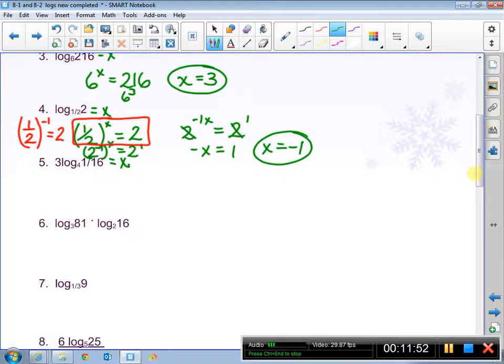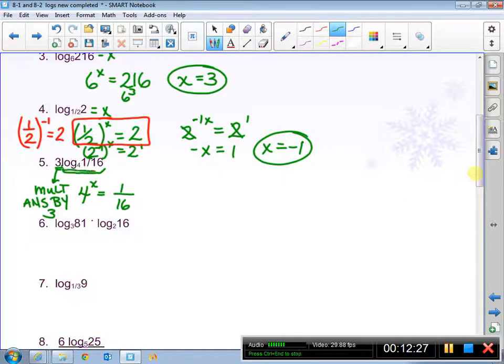Number 5. Number 5 has a 3 multiplying out front. So I'm actually going to take and figure out the logarithm value first. Log base 4, so 4 to what exponent equals 1/16? And then I'm going to multiply that answer by 3. I'm going to do this in 2 steps.